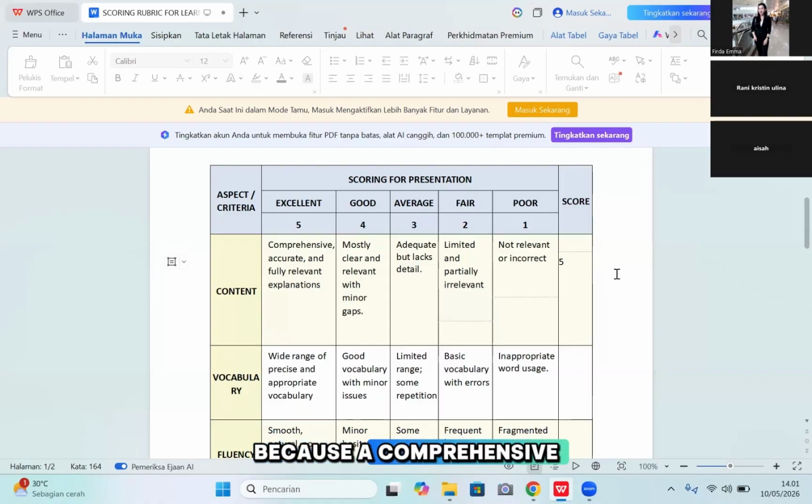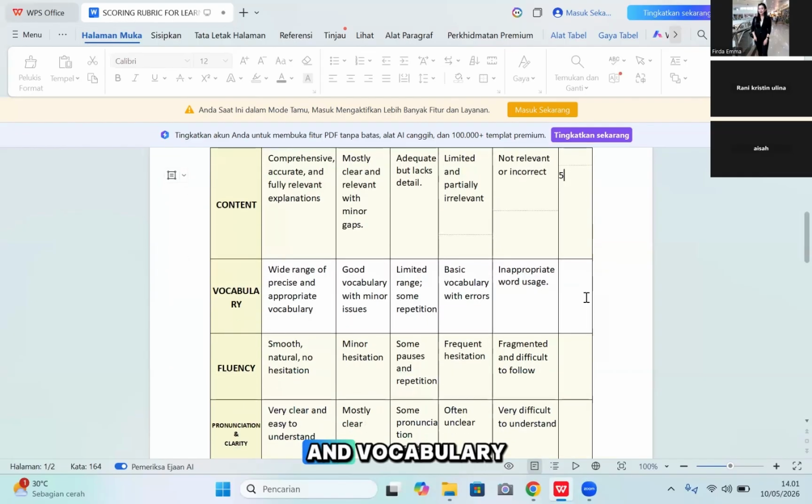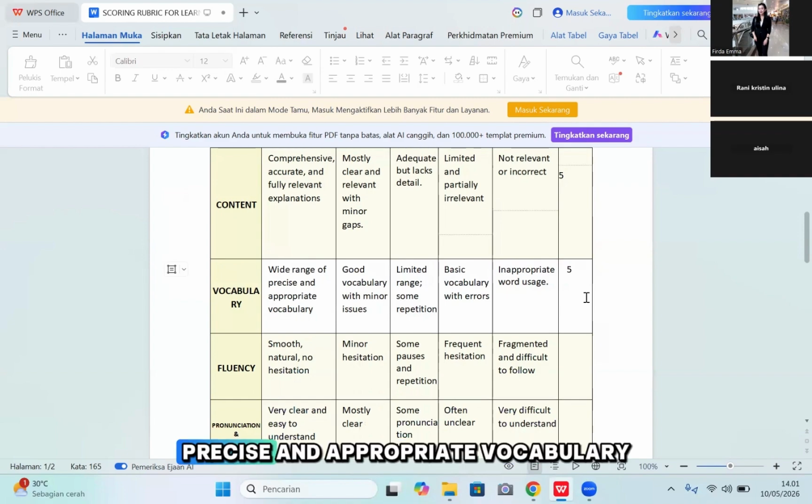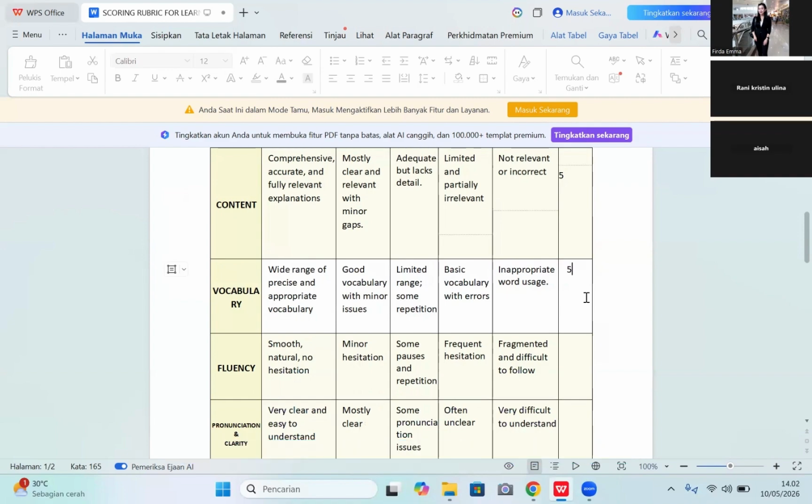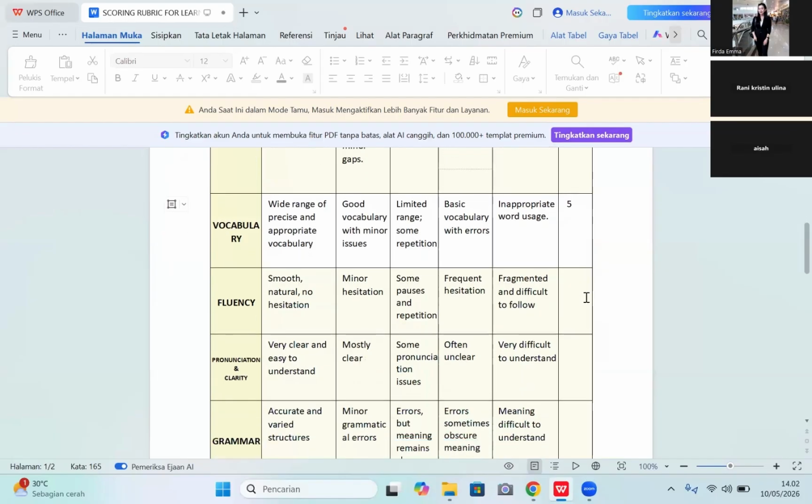because it is a comprehensive, accurate, and fully relevant explanation. And vocabulary, I give score 5 because of a wide range of precise and appropriate vocabulary. And fluency, score 5 because it is smooth and natural with no hesitation.